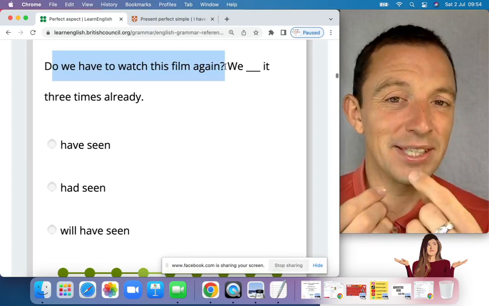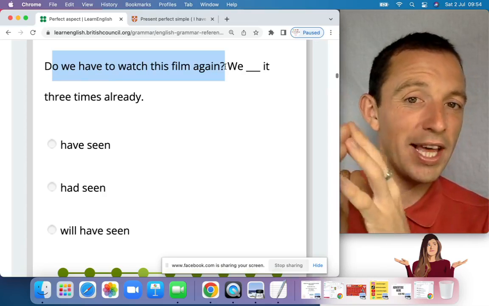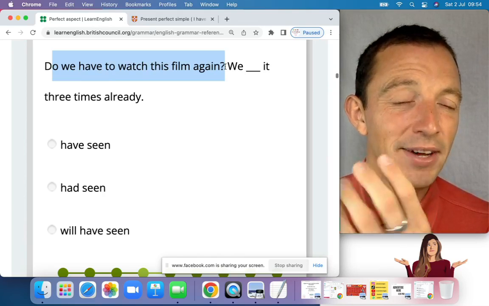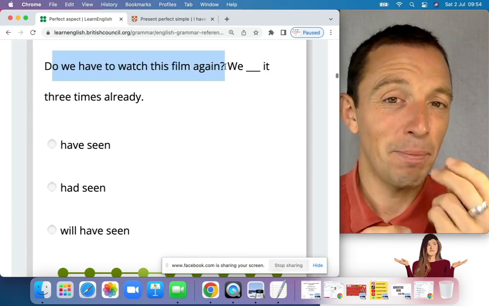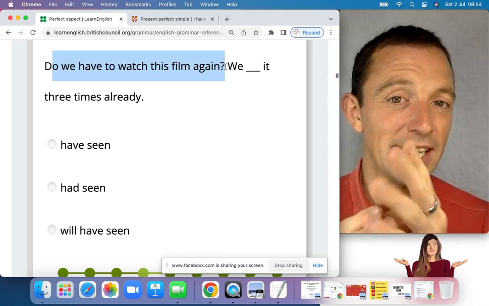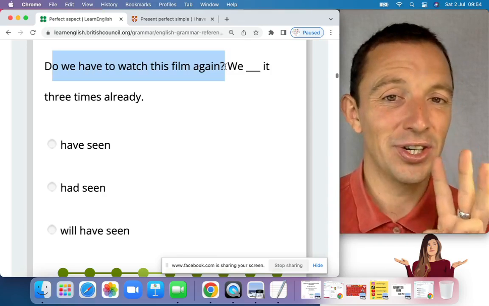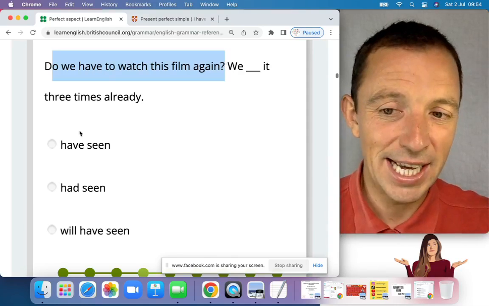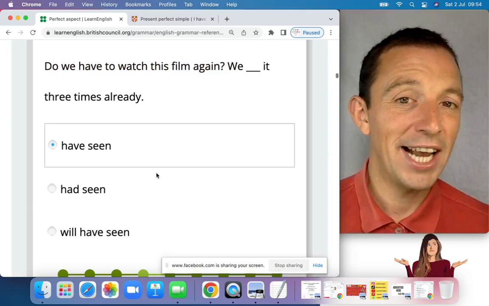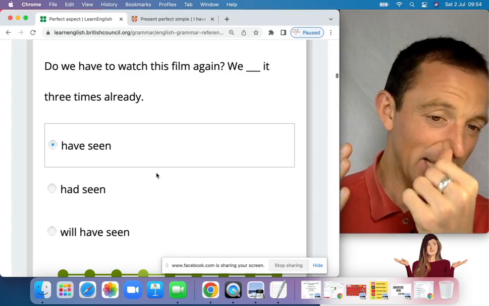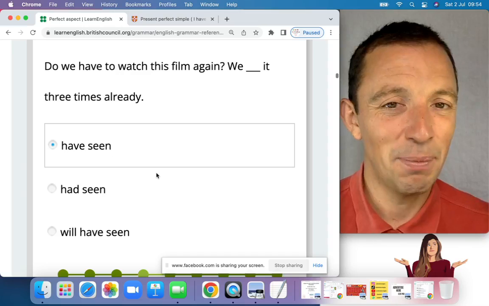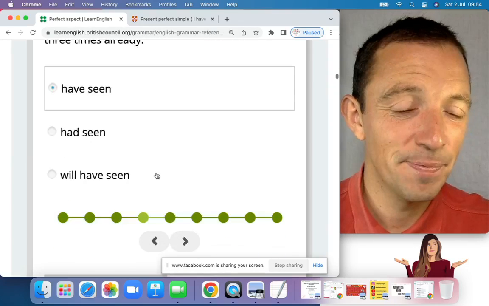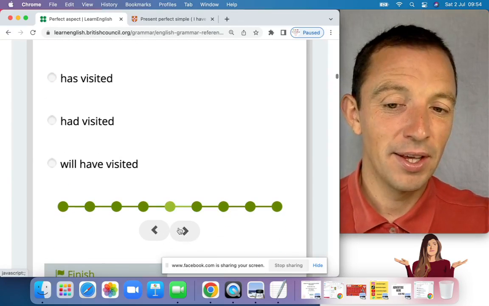And to create the present perfect, we need the subject, we, the auxiliary verb to have in the present, have, plus the participle of the verb see, saw, seen, third column. So we have seen it 3 times already because it started in the past and it continues in the present as well to be very relevant and your experience.